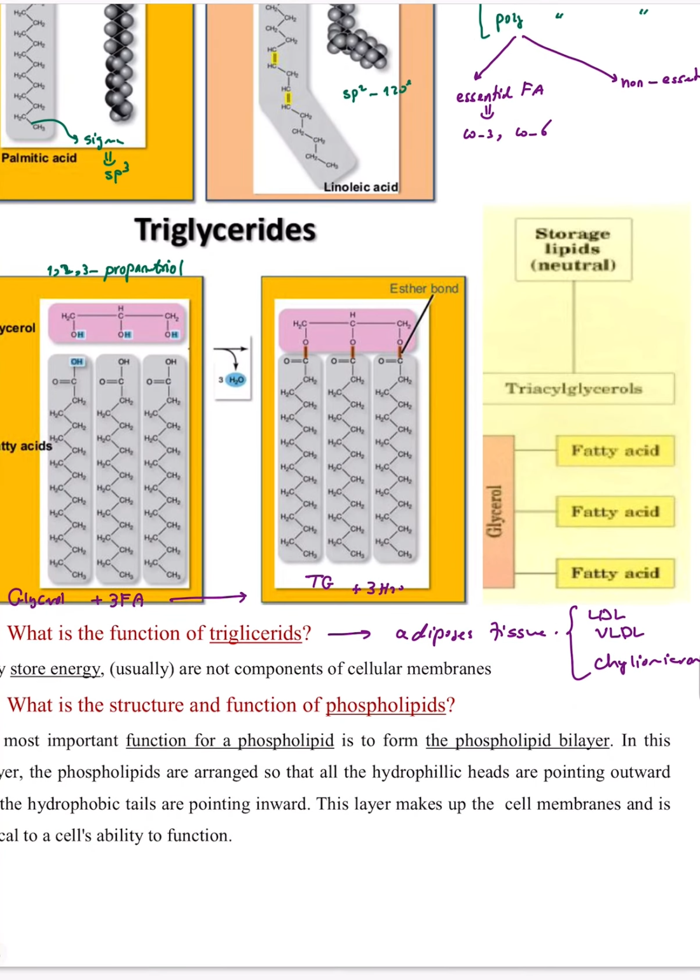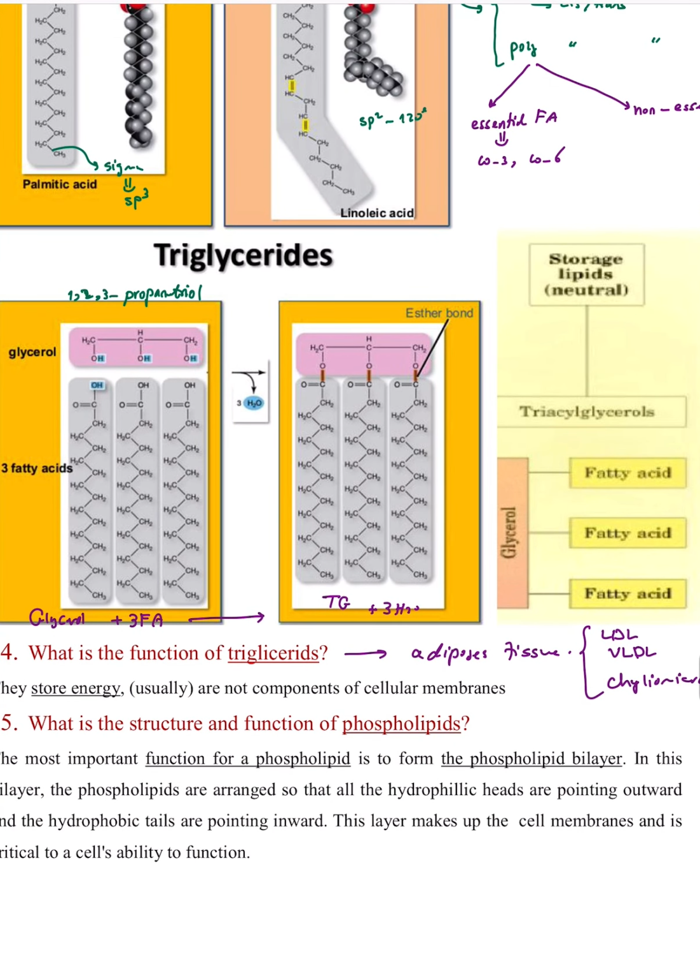Okay, the next part is the structure and function of the phospholipid. The most important function of the phospholipid is to form the phospholipid bilayer. In this bilayer, the phospholipids are arranged with the hydrophilic heads and also the hydrophobic tails.